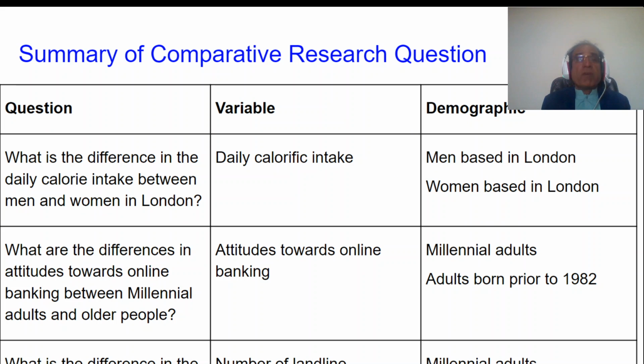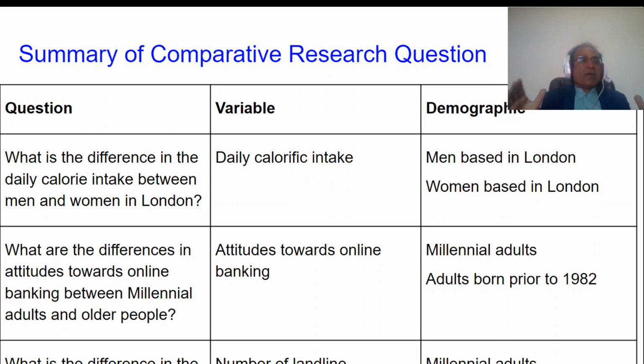Next, summary of comparative research question. In the summary, what is the difference in the daily caloric intake between men and women in London? So the variable that we are going to use is daily caloric intake, and the demographic information is men based in London and women based in London.